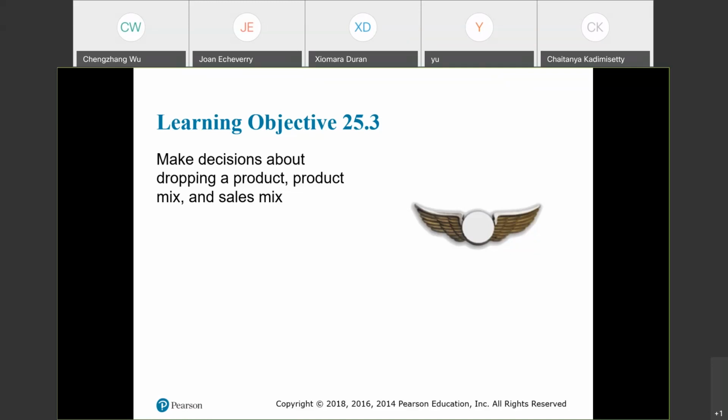Okay, in the last class, we looked at the pricing decisions. We learned how businesses set regular prices. Before talking about different pricing decisions, we learned about two types of business regarding setting the regular price of your product.